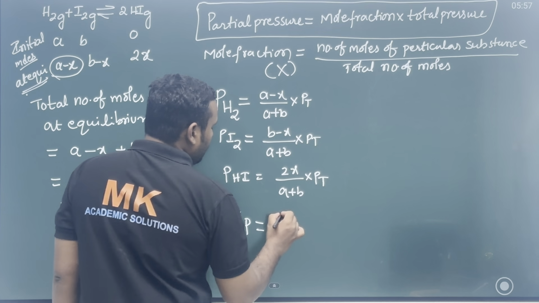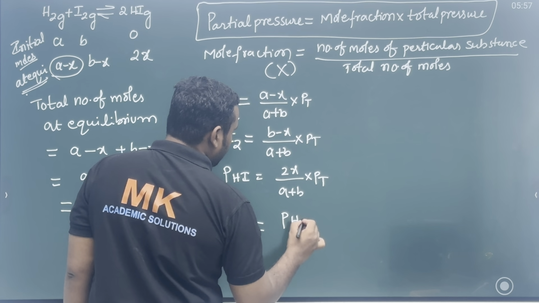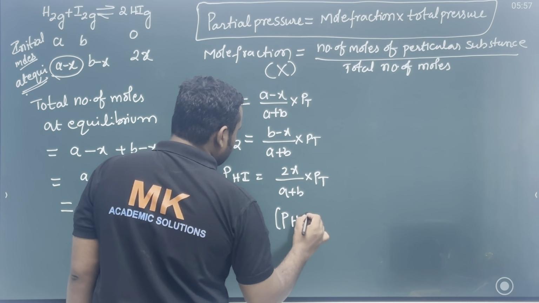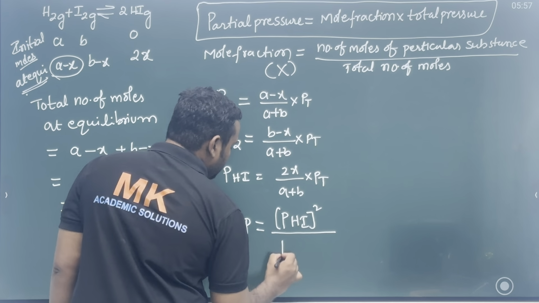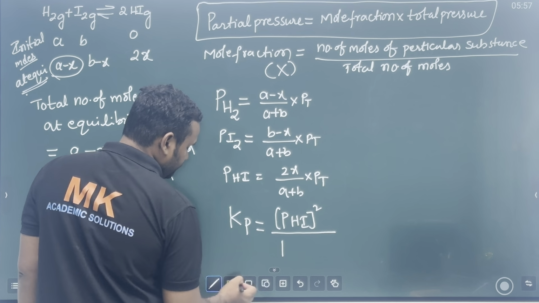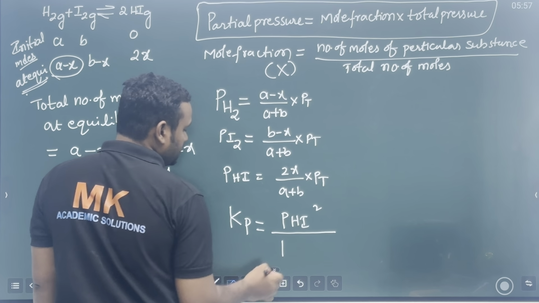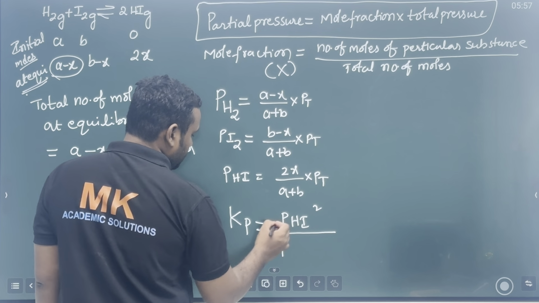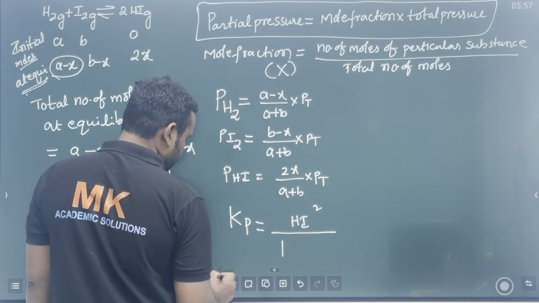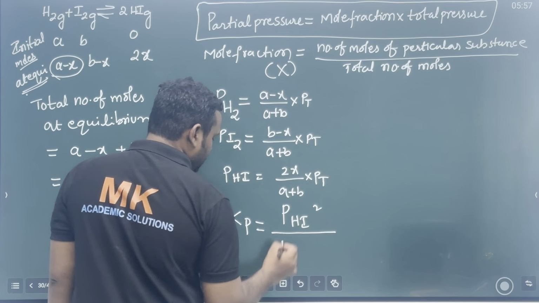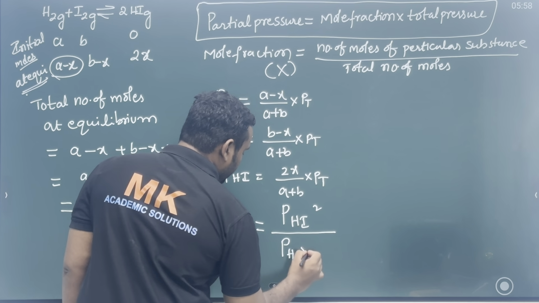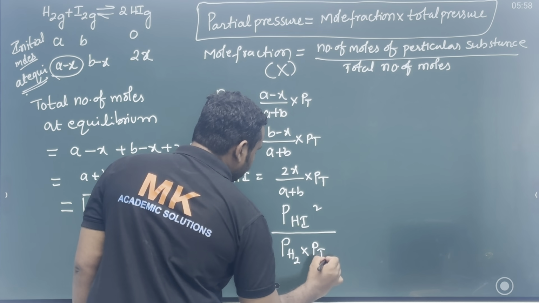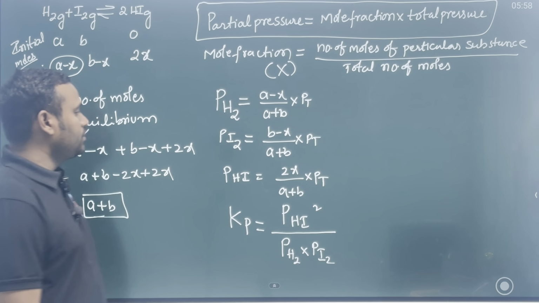Okay, so now partial pressure of product HI whole square, by partial pressure of H2 into partial pressure of I2. Okay, so now let us substitute these values.